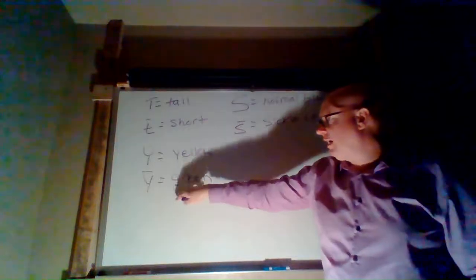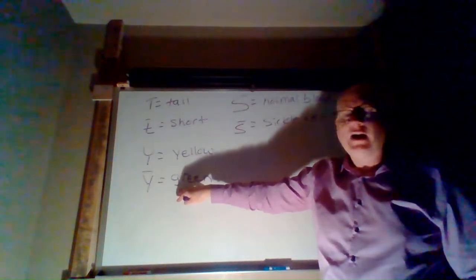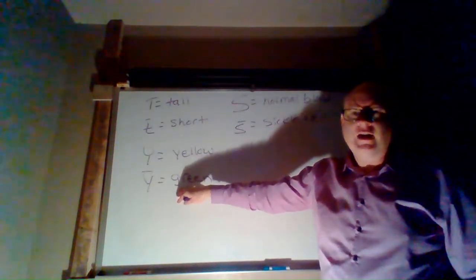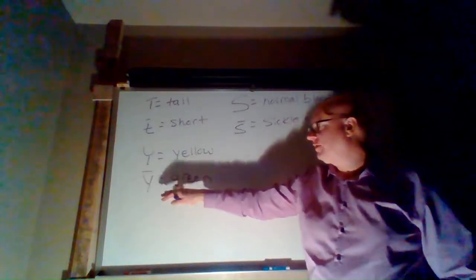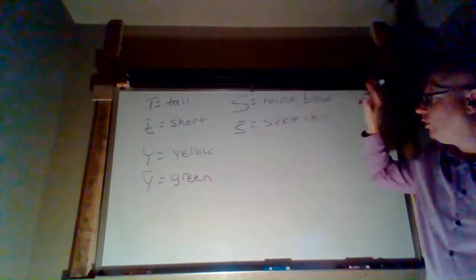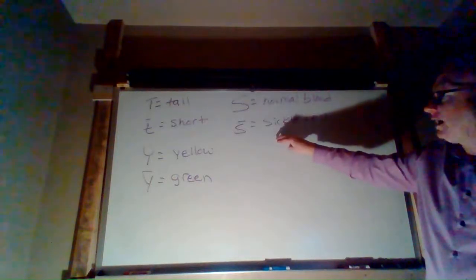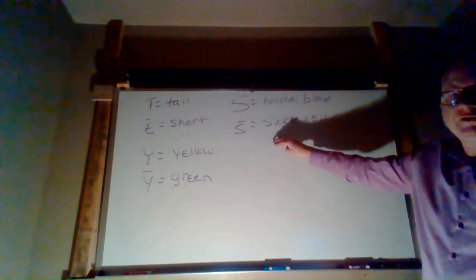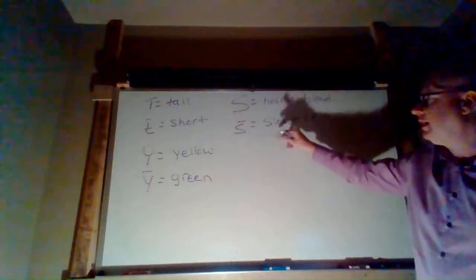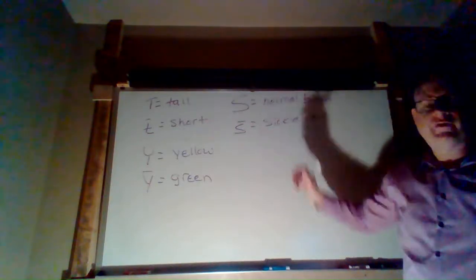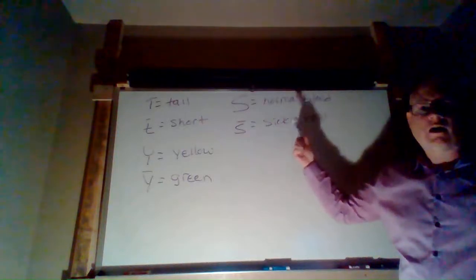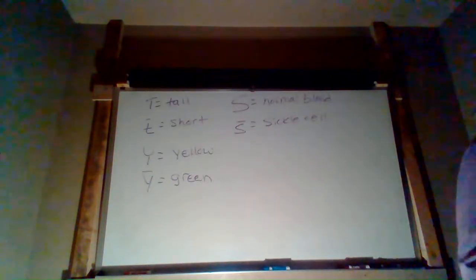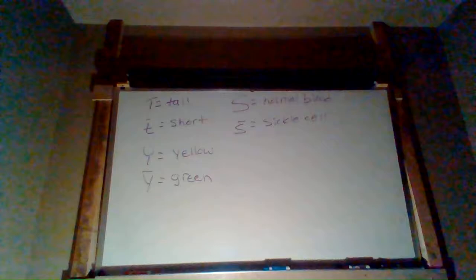The only way a green pea plant can be expressed is if 2 lowercase y's are present. In this case, the only way someone is actually diagnosed with sickle cell anemia is if both of the S's, or alleles or genes, are a lowercase letter. That's the recessive trait. Okay?